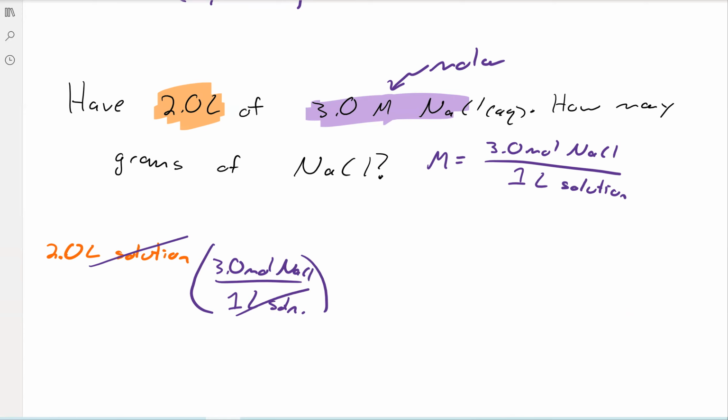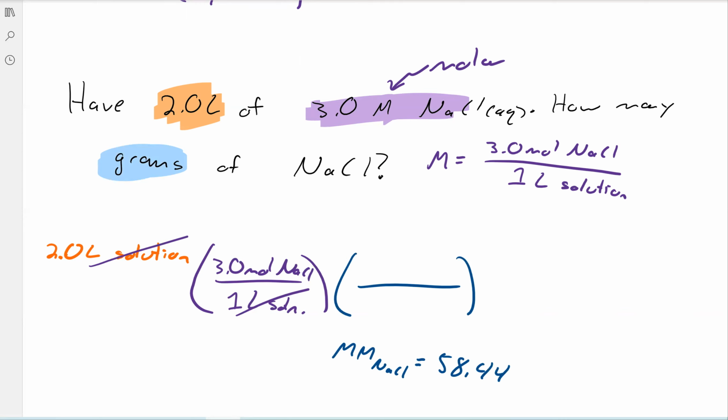Now note that our question is asking for grams of NaCl. Here we're only at moles. Again, at this point, converting from grams to moles should be second nature. So the molar mass of NaCl is equal to 58.44 grams per mole. We want the grams on the top, so that way the moles cancel out, moles and moles. 58.44 here.